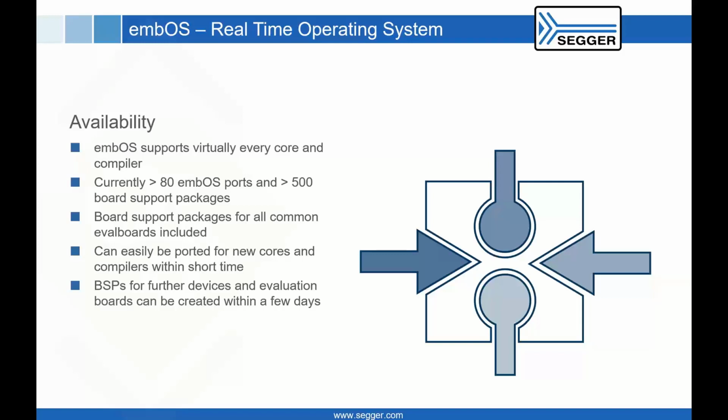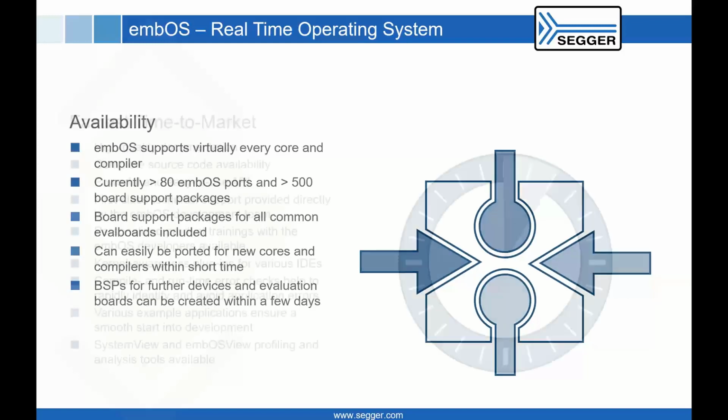Basically what that means is that you'll find a board support package for embOS for all the common eval boards. And even if there's one that's not there yet, we can easily port to new cores and compilers. And we can also usually develop BSPs for newer boards in a pretty short amount of time.